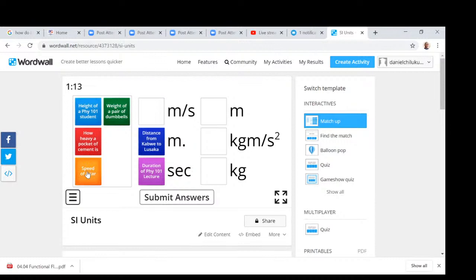You know that the speed of the car is measured in meters per second. Speed is just how much distance has been covered per unit time. Speed is equal to distance over time. So the distance is measured in meters, the time is measured in seconds. You can put it there, and so on and so forth, until you submit.